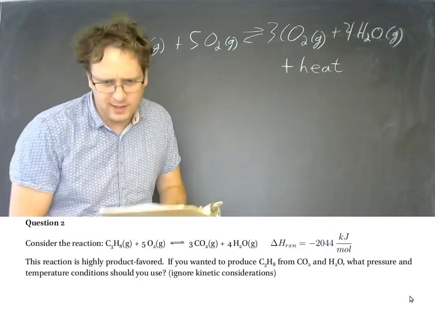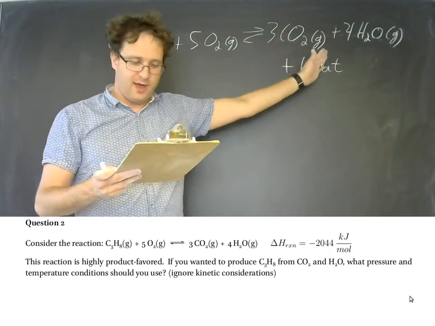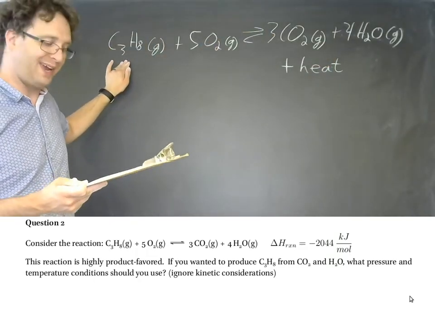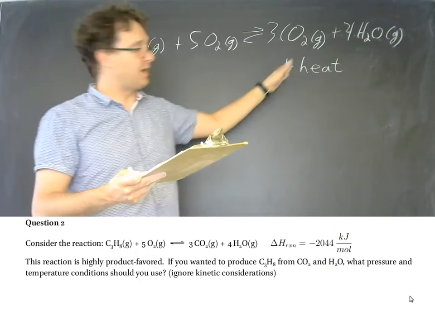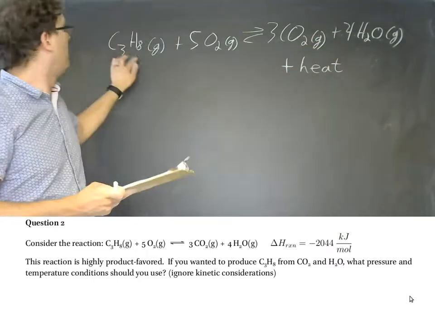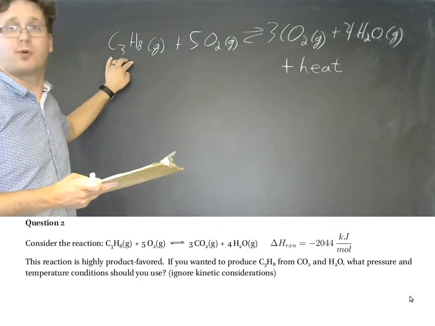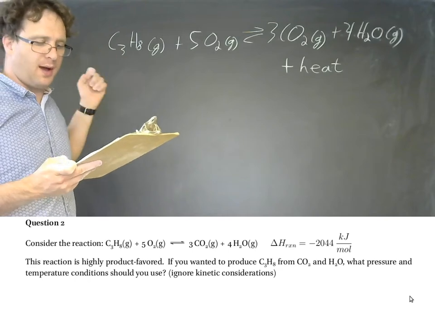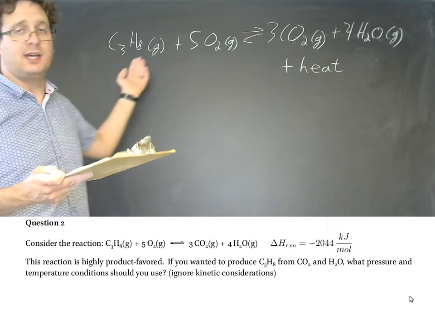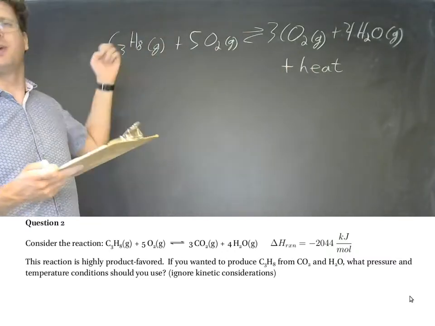The real question is, this reaction is highly product favored. If you wanted to produce C3H8, this is called propane, from carbon dioxide and water, say you're an industrial chemist and you want to produce and sell propane to your customers, it's an equilibrium reaction, so that should be possible even though it's product favored, but you're going to want to maximize the amount of propane you get out.